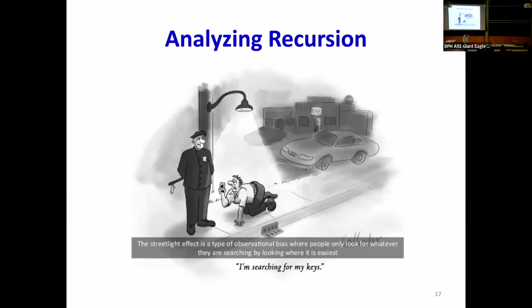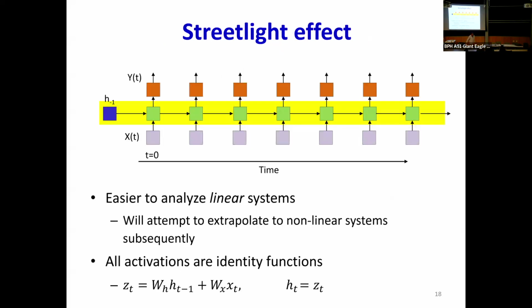And again, the famous streetlight effect: it's very hard to analyze nonlinear functions. It's much easier to analyze linear and affine functions. So I'm going to look where there is light, and we're going to assume that this recurrence is linear for now. So what this means is that all activations are identity functions for the recurrent layer alone.